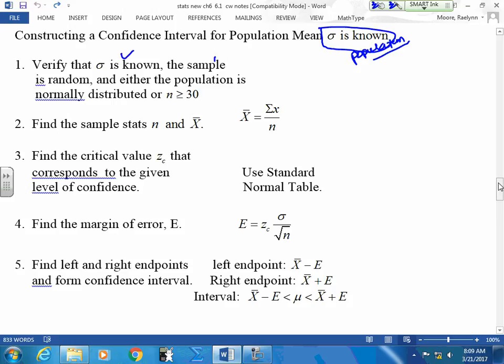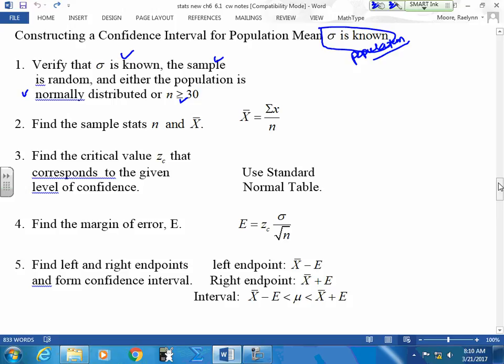We want to say that the sample is random, and all our samples should hopefully be random. The population has to be normally distributed or n is greater than or equal to 30. Once we've met those conditions, we can go on. If we didn't meet those conditions, we stop. We say, sorry, can't go on.